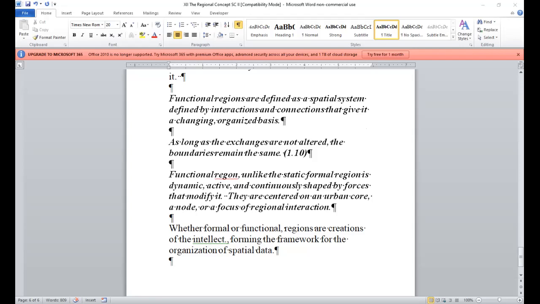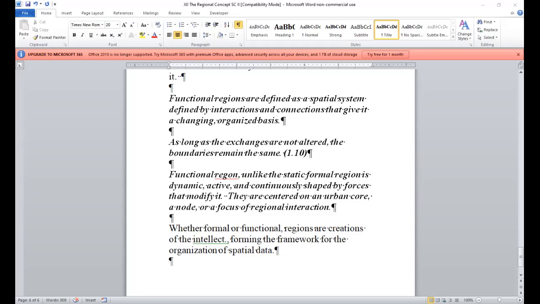You get, if you need to, Silicon Valley, which continues to grow. A functional region, unlike the static formal region, is dynamic. It's active. It's continuously shaped by forces that modify it, and they're centered on an urban core, some kind of a node or a focus of regional interaction.